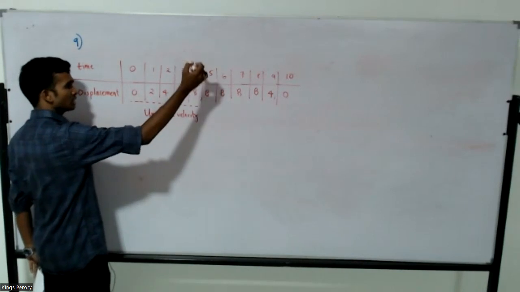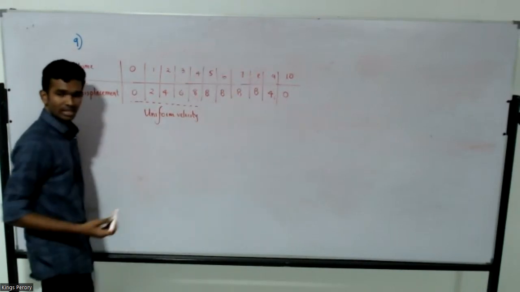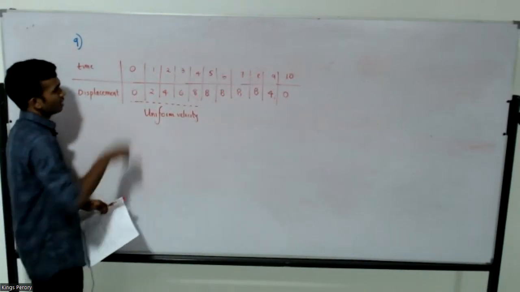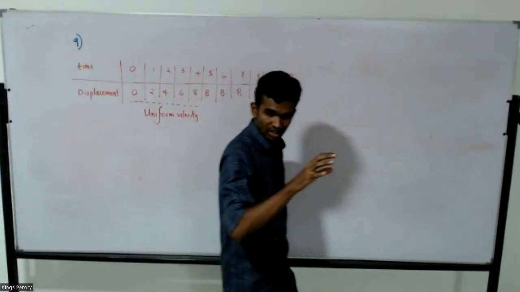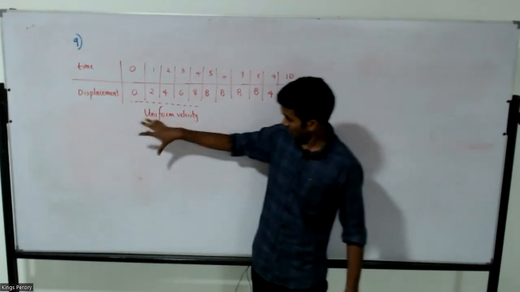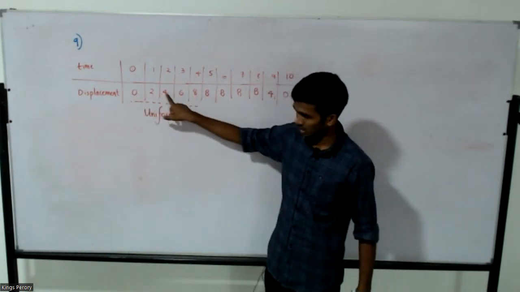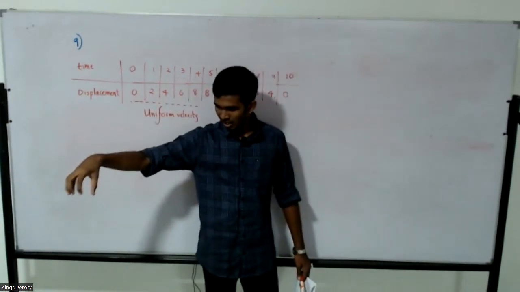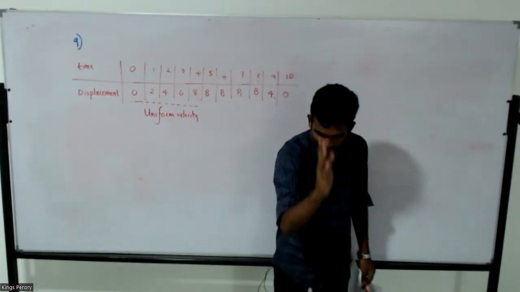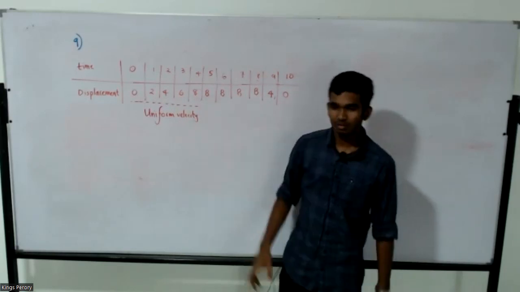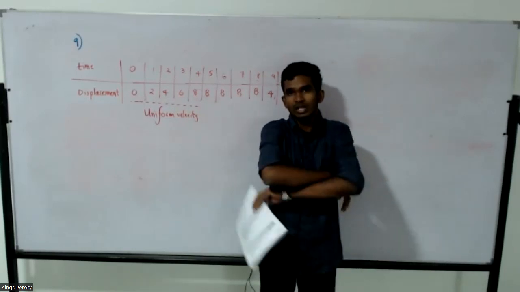Next, from the 4th second to the 8th second, what has happened to the object? From 0 to 4, he is going with the same velocity, increasing the displacement. That means he has started moving. The moment he reaches 8 meters, time is going, he's at 8 meters.